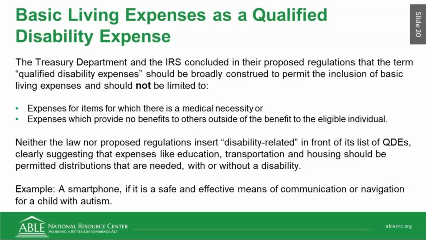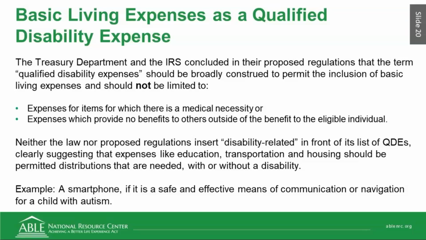The beauty of smartphones, and one of my good friends who's an attorney but who's blind has told me, is that smartphones have revolutionized the ability of people with disabilities to access their environment.